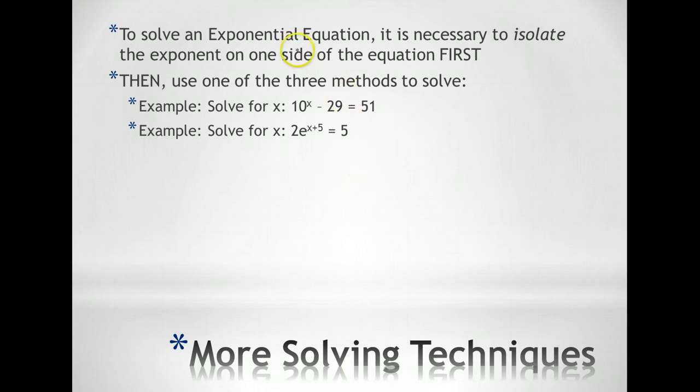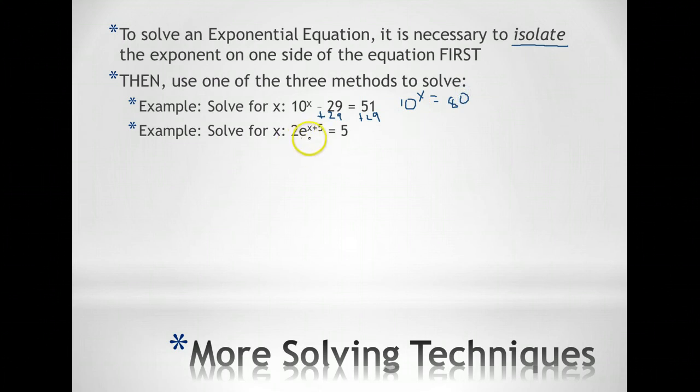The important thing to remember is that you must first isolate the exponent before you use one of the three methods discussed on the previous slide. So on this equation, I would first add 29 to both sides, and so I would have the 10 to the x all by itself. So I'd have 10 to the x equals 6080. And then I would use one of those three methods.